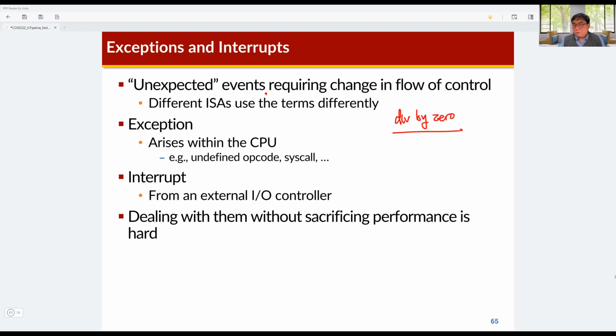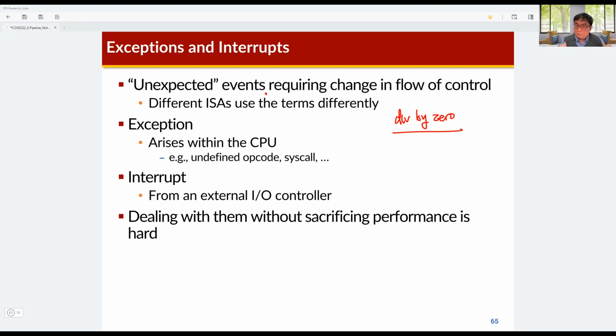We cannot compute divided by 0 because it's not defined, and it's the same to the computer processor. If a number is divided by 0, this computer processor cannot generate a real number. So this result is not defined. So if this event happens in the computer processor, then the computer processor needs to handle this rare event.